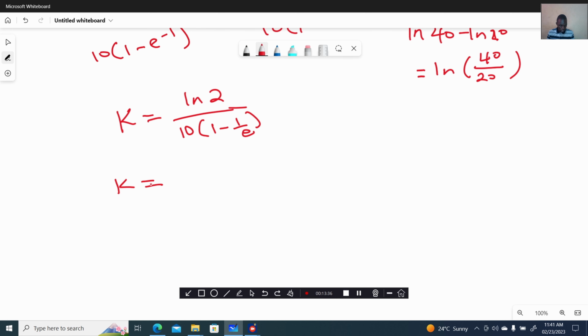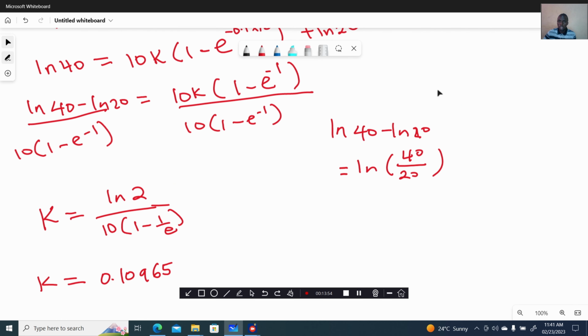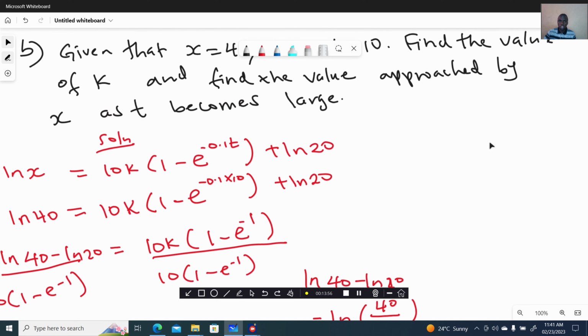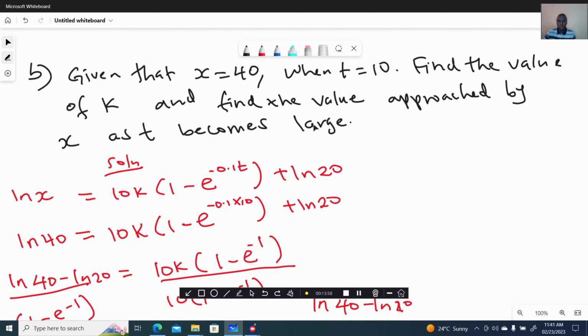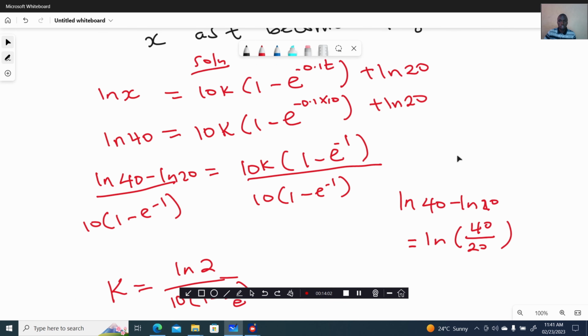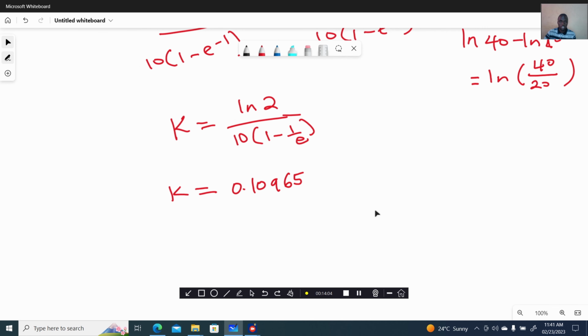So this is giving me the value of k to be 0.10965. Okay, let me get it this far. So already we've solved the first part of this question, which is to find the value of k. Now let's get the value that's approached by x as t becomes very large.